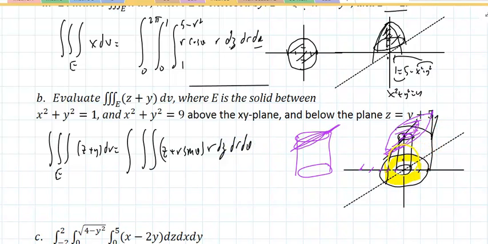Now, once I figure out that z runs from the ground all the way to z equals y plus 5, then I'm looking at this on the floor. This is going to rotate from 0 to 2 pi, and r is going to run from 1 to 3 all along. And that would be the volume of that solid.